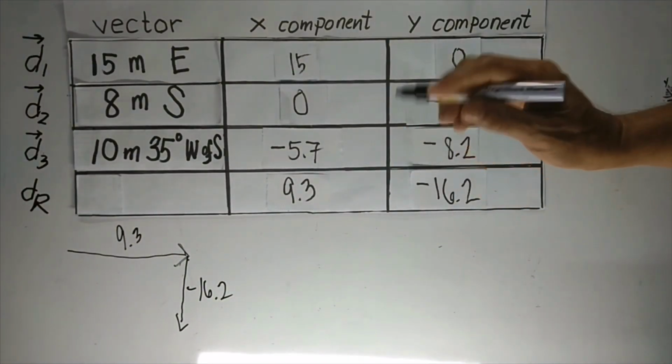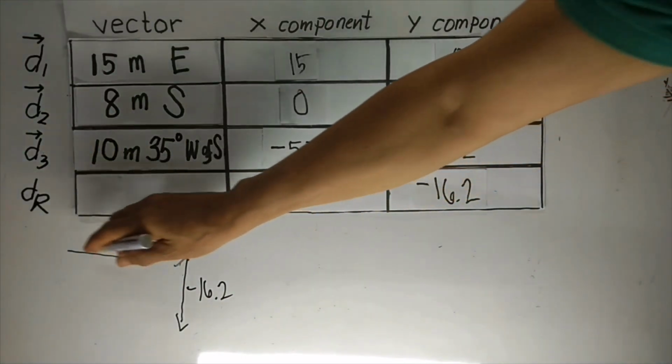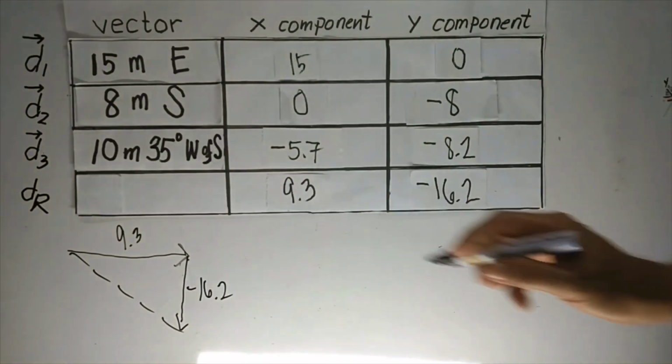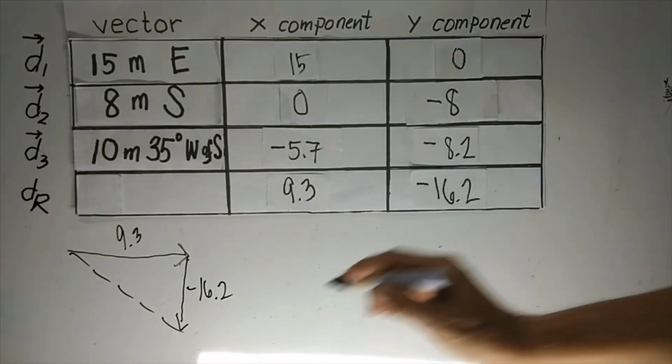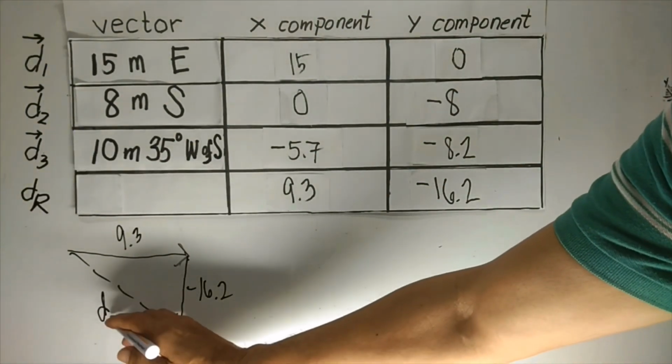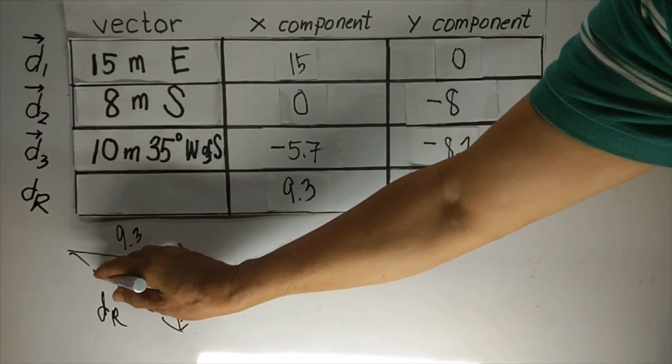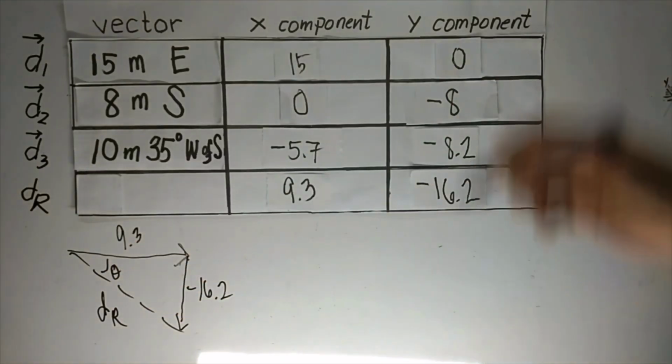So we'll construct a right triangle so that this will be the resultant displacement dr, the direction of which is angle theta.